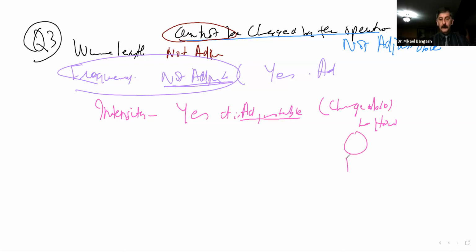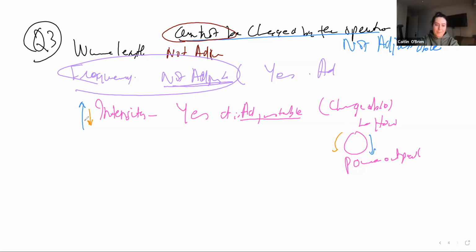By the power output, that we can increase it or we can decrease it. Did you guys get that? Good.